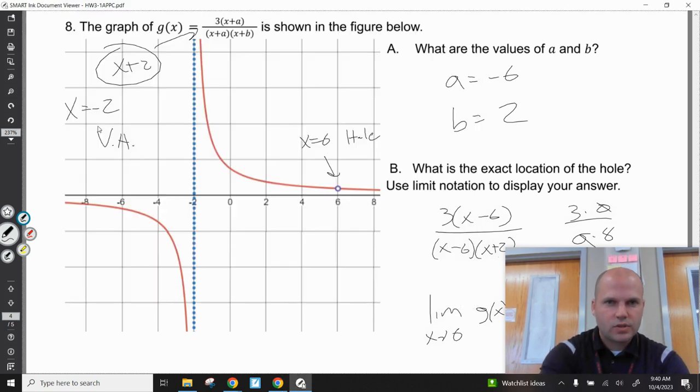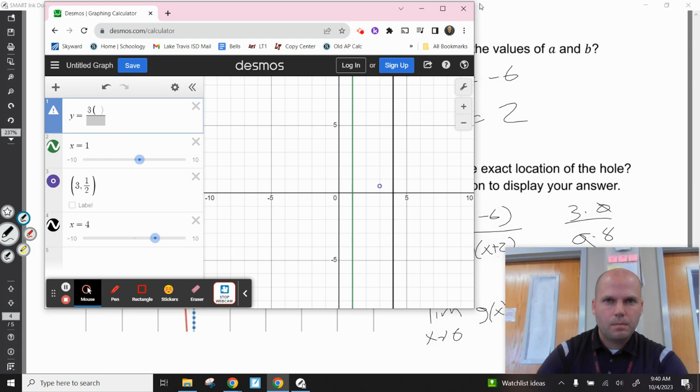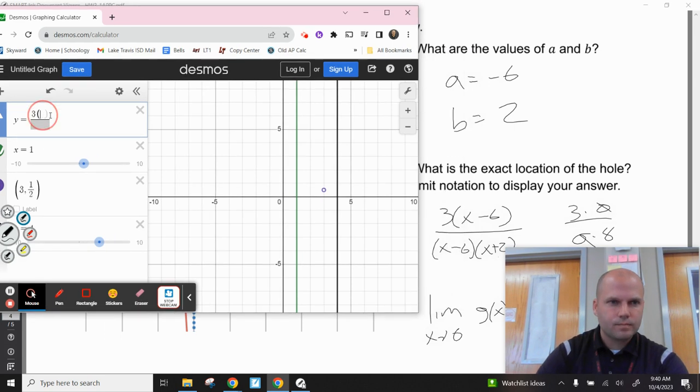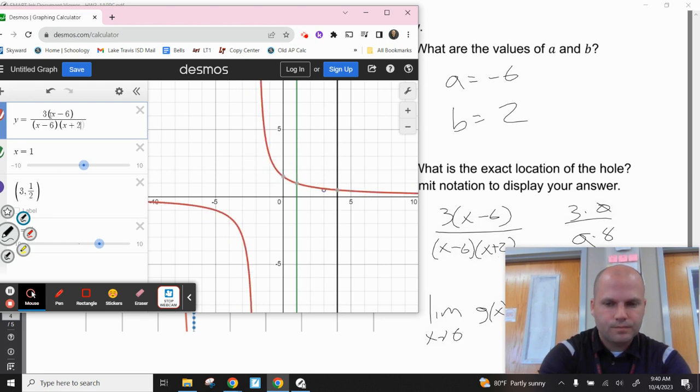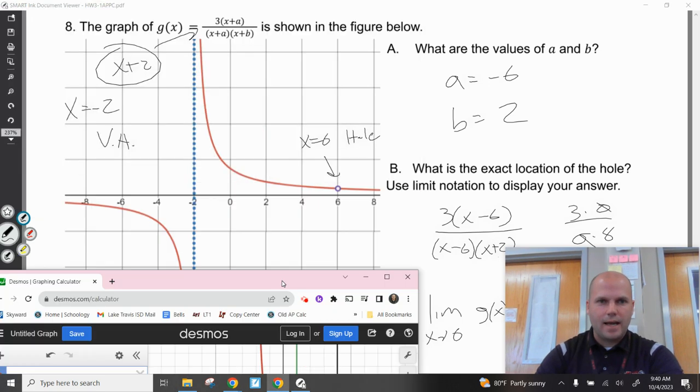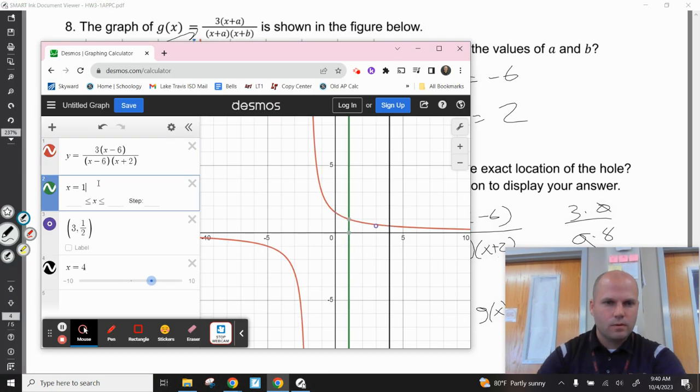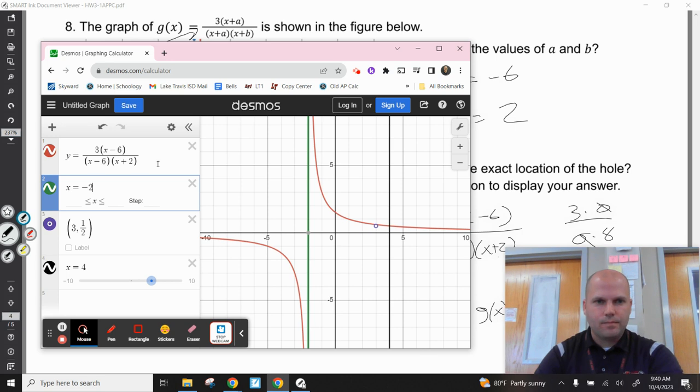Three times x minus 6 over x minus 6 times x plus 2. Okay, vertical asymptote at x equals negative 2. That checks out.